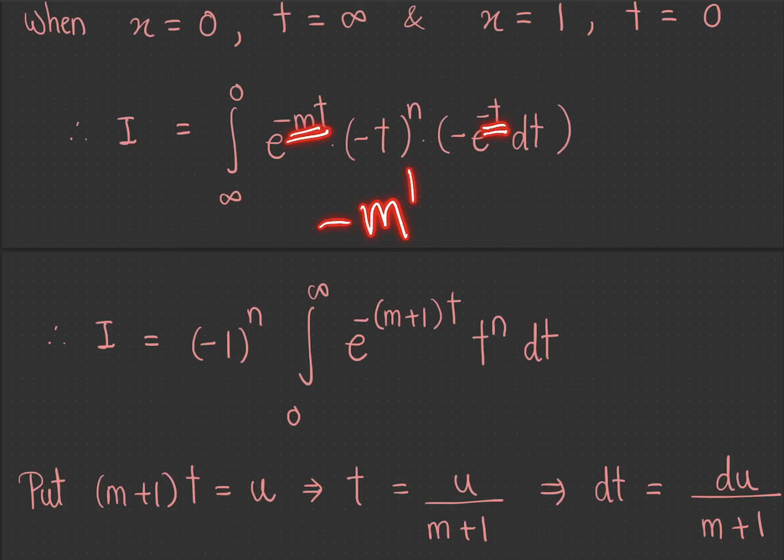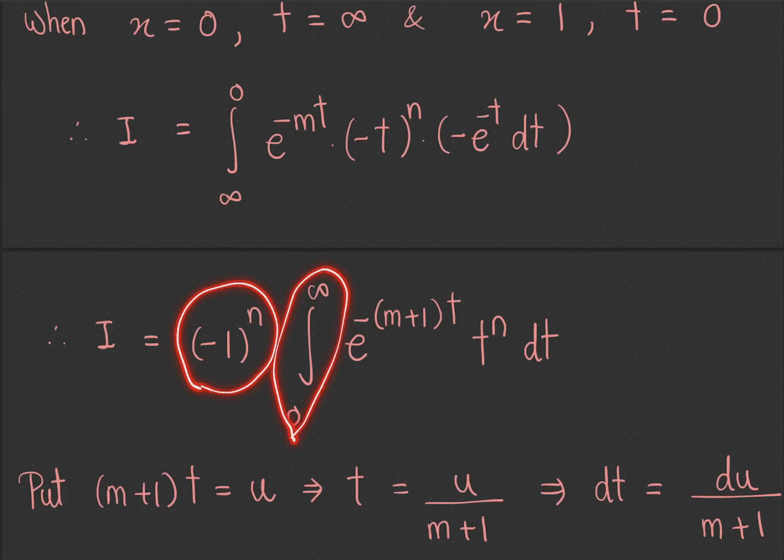So minus mt minus t, and if you take minus t common, it will become minus of m plus 1 t. So the power of e is minus of m plus 1 t and t raised to n as it is, since we have taken common minus 1 raised to n. So this integral becomes minus 1 raised to n integration 0 to infinity e raised to minus of m plus 1 t, t raised to n dt.